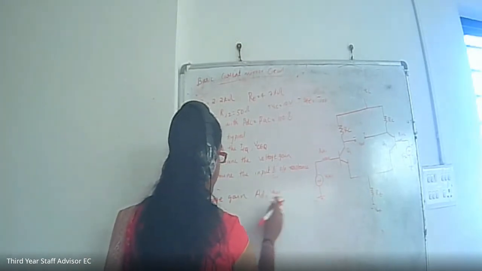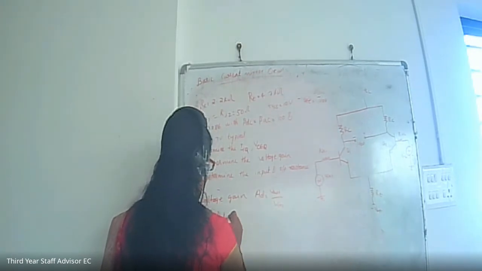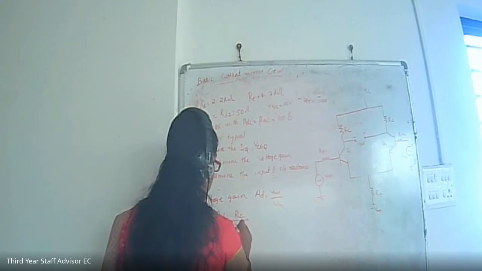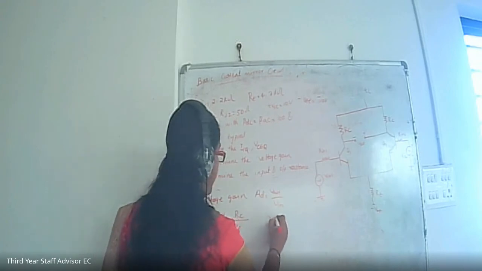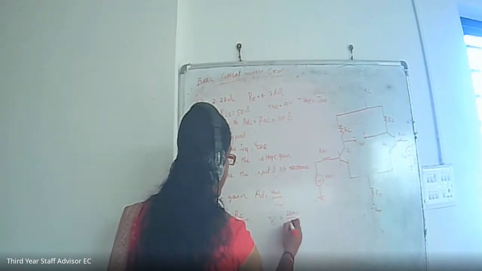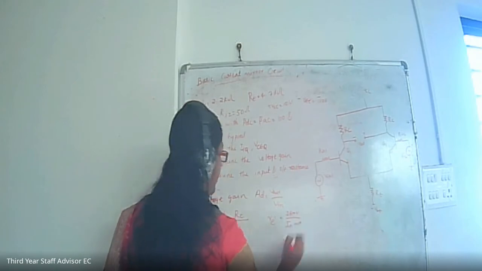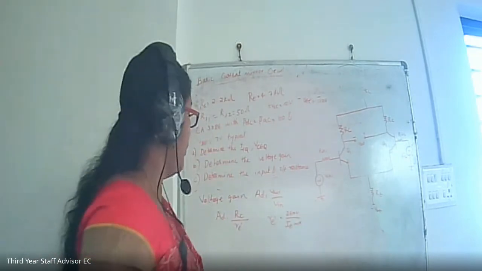If you are given V out and V in, you can directly substitute it. Otherwise, voltage gain AD equal to RC, output resistance, by RE dash. And RE dash is equal to 26 millivolt divided by IE in milliampere. Okay. So you have to learn this equation by heart.